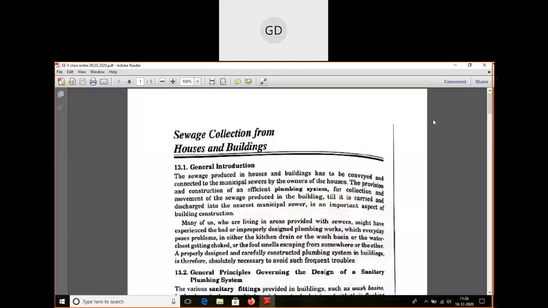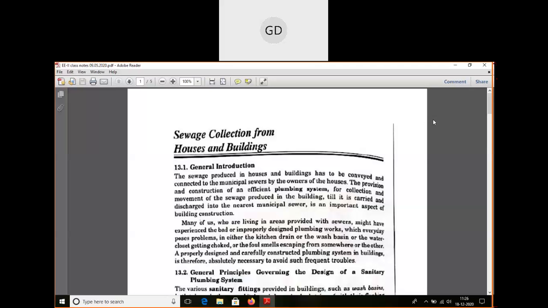The sewage that is produced in every house and every building has to be conveyed and connected to the municipal sewers by the house owners. And this requires the provision and construction of an efficient plumbing system for the collection and movement of the sewage produced in the building.